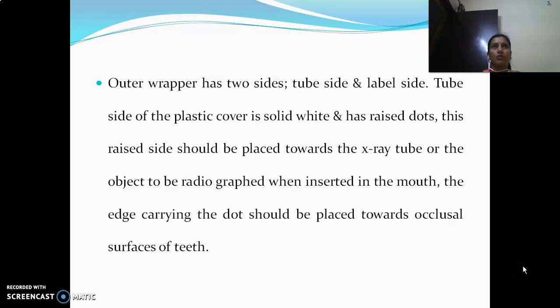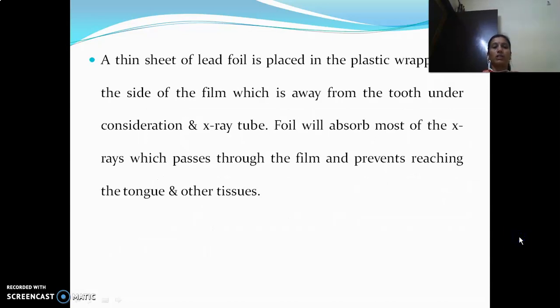This outer layer consists of 2 sides, the tube side and the label side. The tube side is completely solid white and has an embossed raised dot, which should always be placed towards the X-ray tube. And the edge carrying the dot should always be placed towards the occlusal surfaces of the teeth.